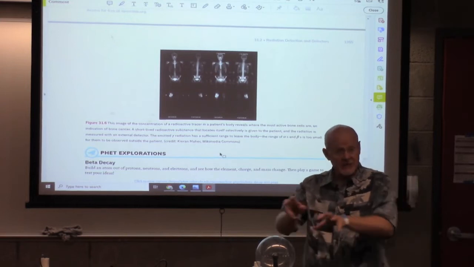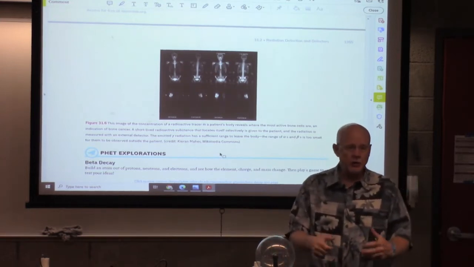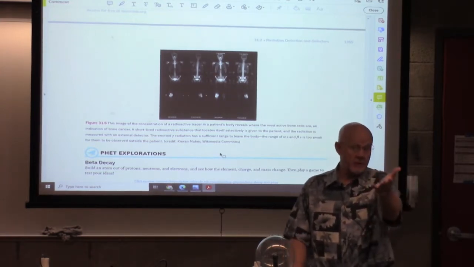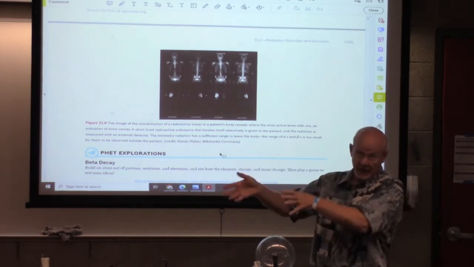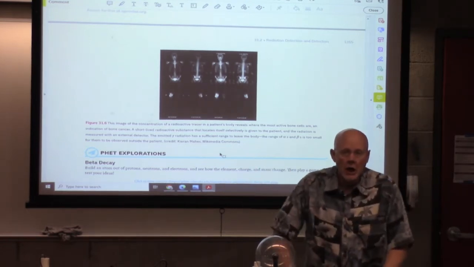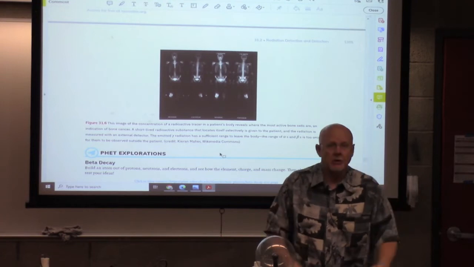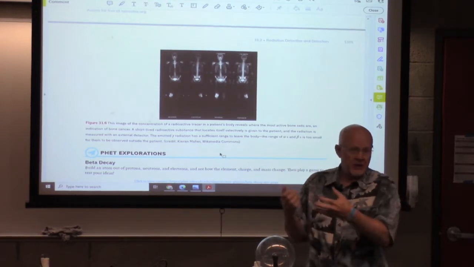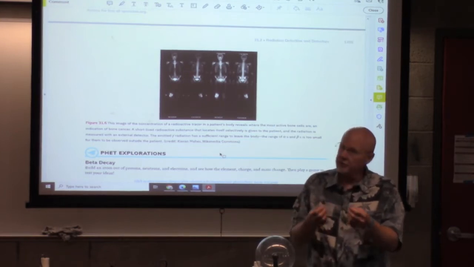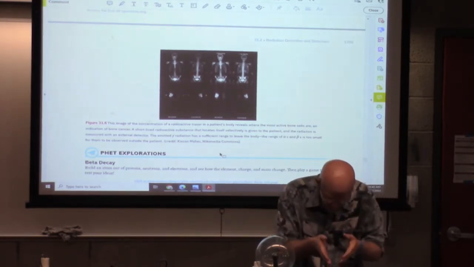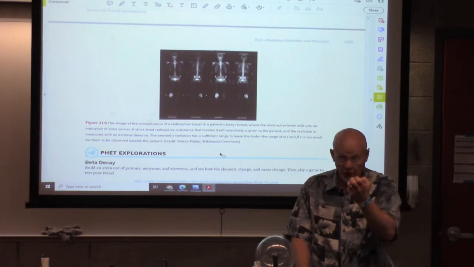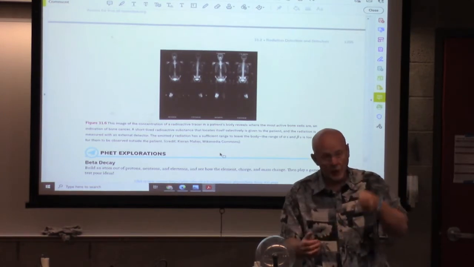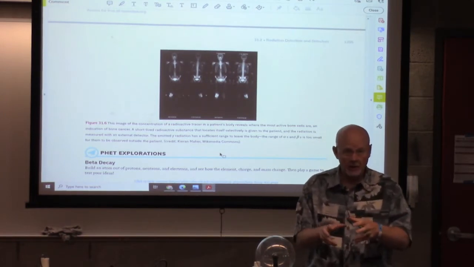But on the flip side of that, since they do destroy things, maybe they can be used, and they are used. This will be one of the applications we talk about in the next chapter, but they can be used as a treatment for cancer, because you want to kill those cells. And so if you can direct these alpha particles or beta particles or gamma particles right to this tumor, maybe you could rip those cells apart and kill those.